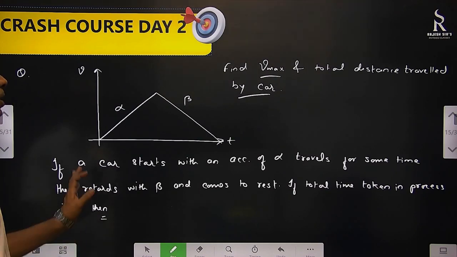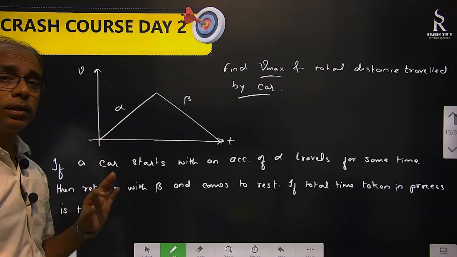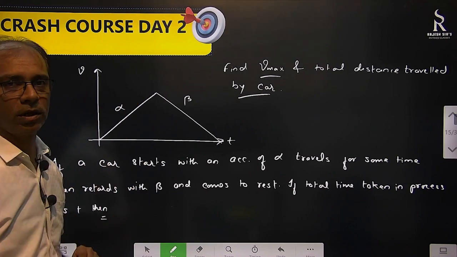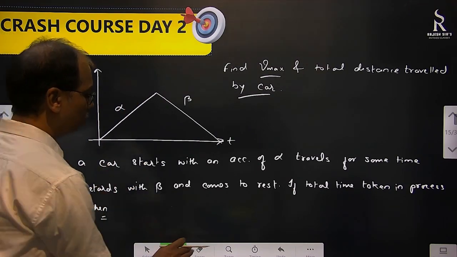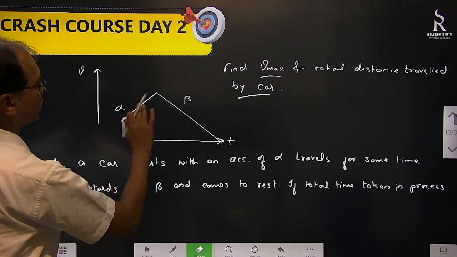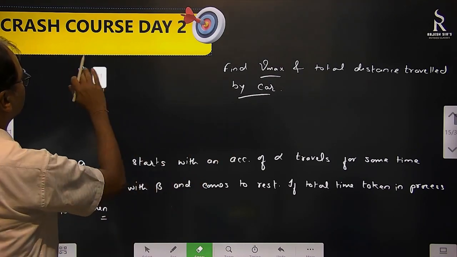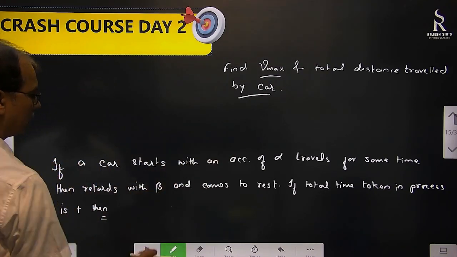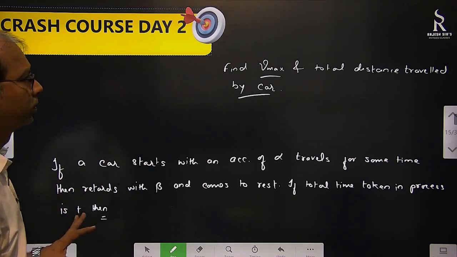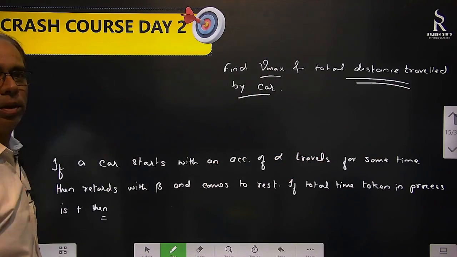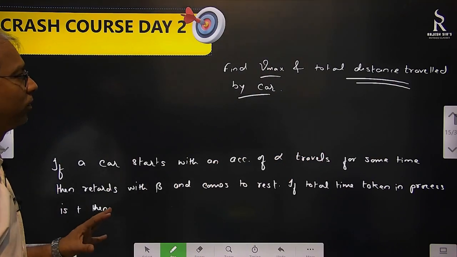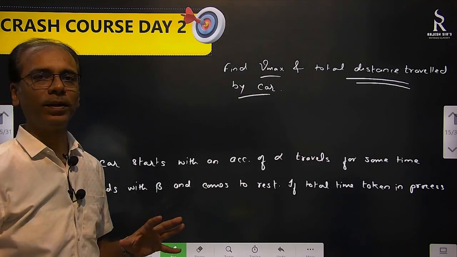There is a possibility they will give you this graph, and there is a possibility they will not give you this graph. So we may have to construct it. First of all, I will show you how to construct. Let's erase it first. Now in this one, what we have to find? Distance. If you have to find distance, the best way is to construct the VT graph.